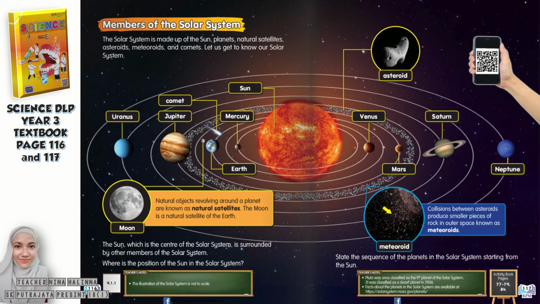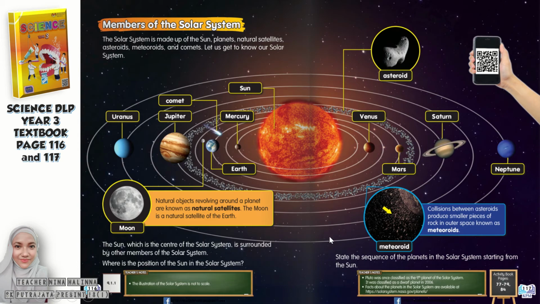So later in this topic, you will learn some of the terms, for example, like what I've just mentioned just now, revolves. Okay, revolves. So you will learn about that a little bit later. Just for part 1 today, you will be introduced to the members of the solar system first. Okay, let's go step by step. Okay, so Mercury is a planet, the nearest planet to the sun.